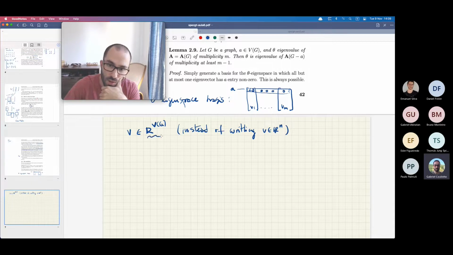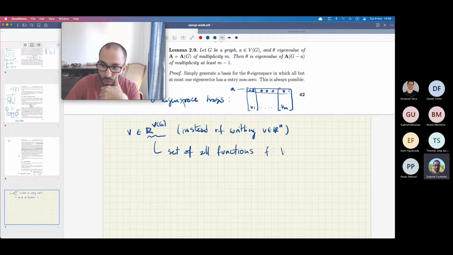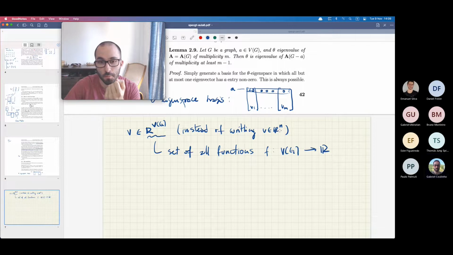This is the mathematical notation for the set of all functions f that go from V to R. In fact, you can always think of a vector as a function that maps elements from a finite set.